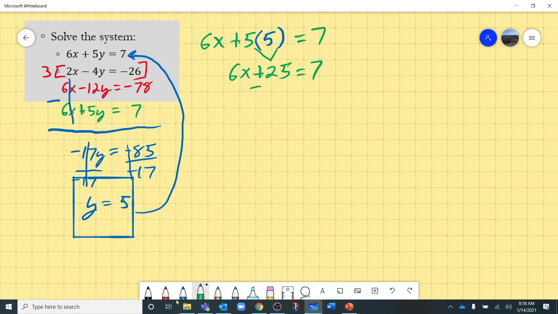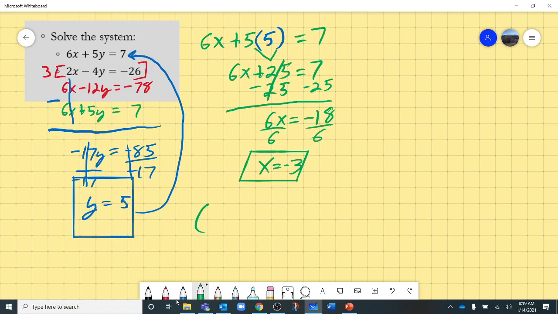If we subtract 25 from both sides, that's going to cancel. We get 6x equals 7 minus 25 is negative 18. If we divide both sides by 6, then x is equal to negative 3.